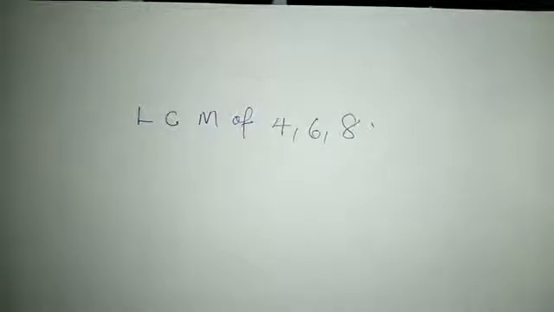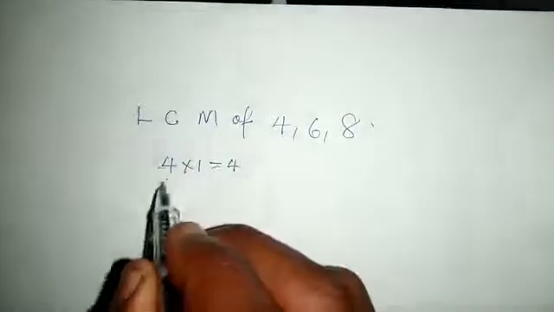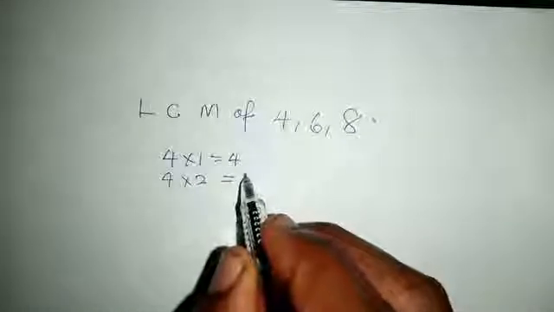Let's look at the LCM of 4, 6, and 8 and see what we are going to have. Remember, the keyword here is: what is the multiple of 4, 6, and 8 that is common to them all? I will start with 4. 4 times 1 is 4. 4 times 2 is 8.